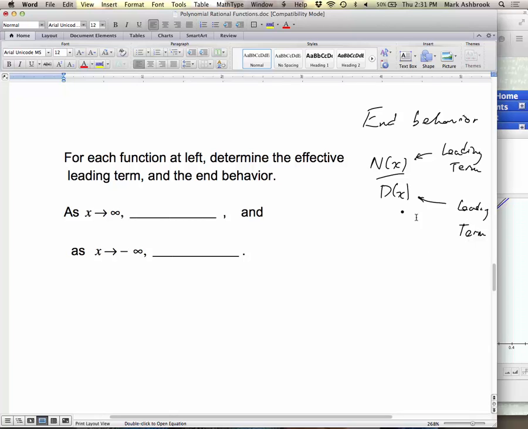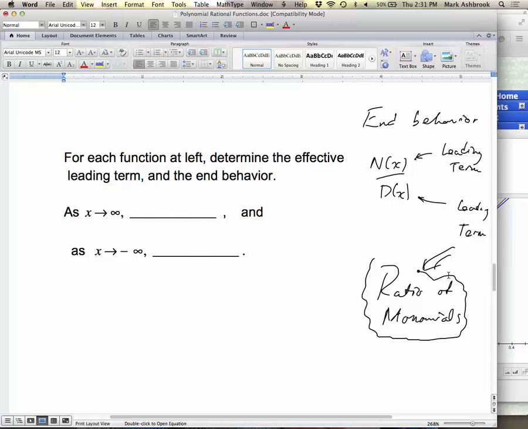And so when we do that, we'll get a ratio of monomials. And that ratio of monomials is like the effective leading term of the whole function, okay?